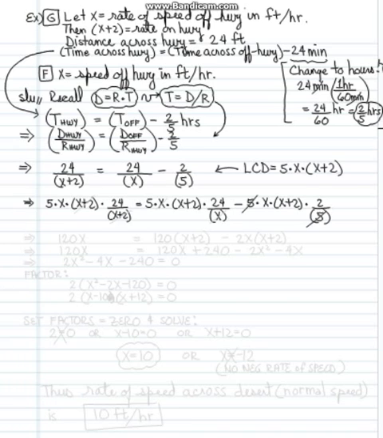We cancel a factor of 5 here, cancel a factor of x here, cancel a factor of x plus 2 here, and then get rid of the parentheses by distributing.